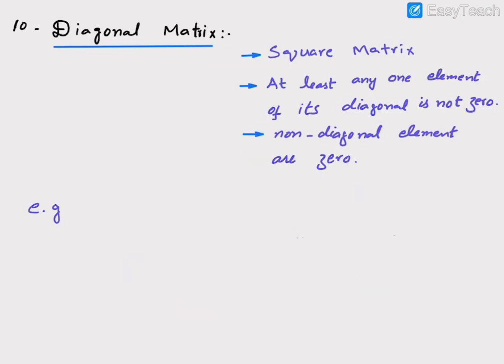Next is a diagonal matrix. A diagonal matrix must be a square matrix first of all. So let's take for example a square matrix of order 3 into 3. For example, I am taking this one, 3 0 0, 0 0 0, this also 0.